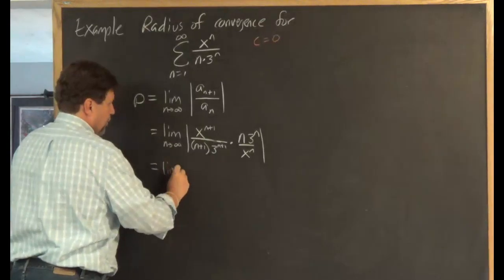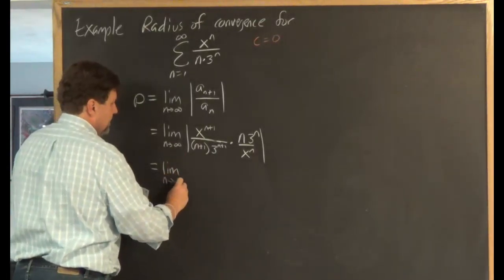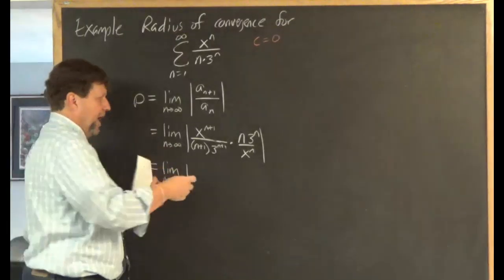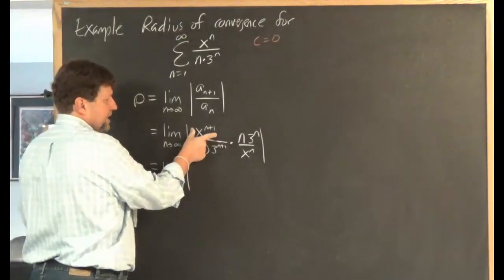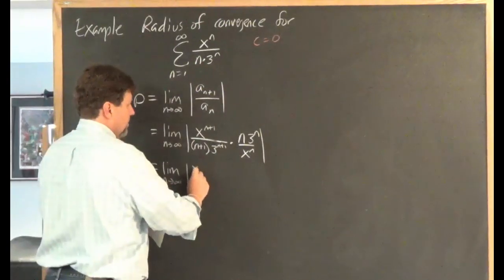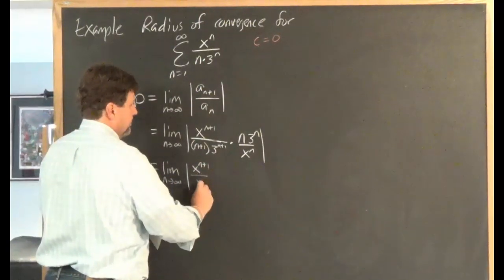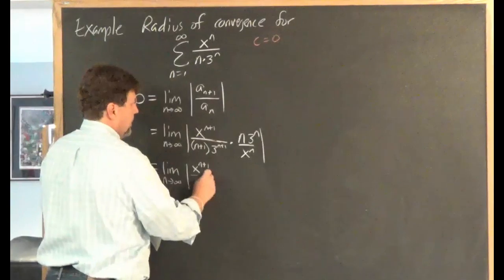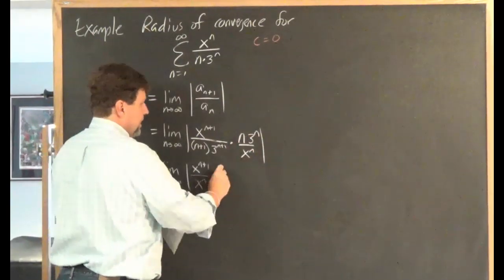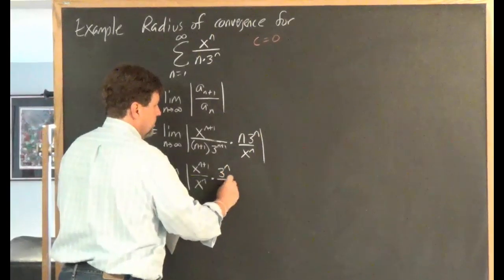And yes, I'm going to rewrite the stuff inside the absolute value, get all the like parts together as fractions. So I have an x to the n plus 1 over x to the n. I have a 3 to the n over 3 to the n plus 1.